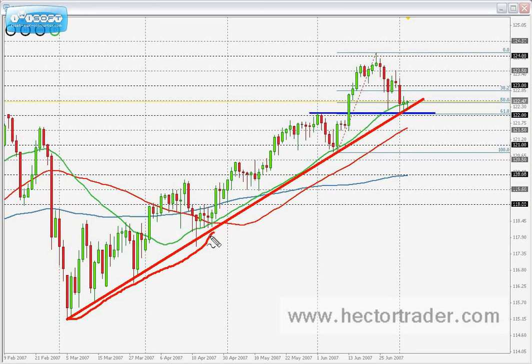Second, we have this trend line, that's awfully drawn, sorry. If we prolong this trend line, it comes around this level. Good. We have this swing top, former resistance, which once broken might become support. Good. We have the 61% Fibonacci level.